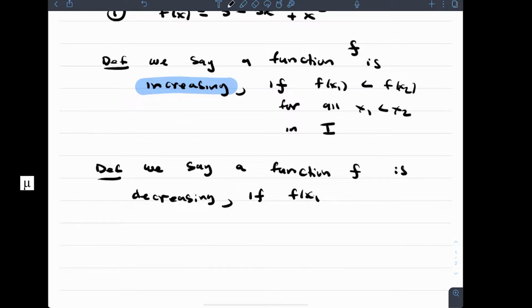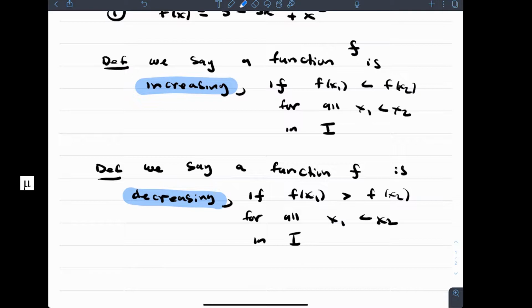If f of x1 is larger than f of x2, for all x1 less than x2 in I. So I'm going to have to express what this means. Okay, you got decreasing and increasing function here.